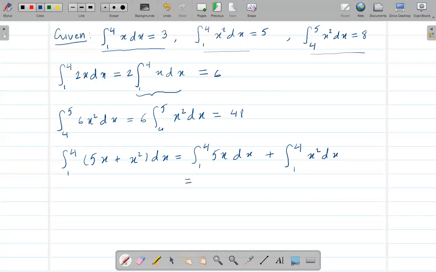So if I bring this 5 out, we just have integration of x dx from 1 to 4, which is 3. Times 5. Plus this one is given, which is 5. Okay, so 5 times 3 is 15, plus 5 is 20. Right? So yeah.